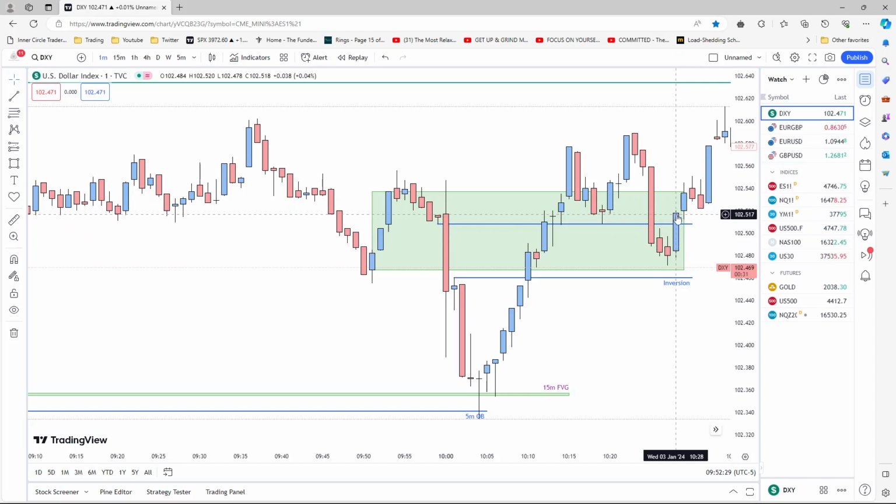So you could take an entry right there. You could take an entry in this candle. You could take an entry over there. Price stops like a brick wall. It stopped. Entry, the stop would be below the inversion level, below the breaker block level, basically.